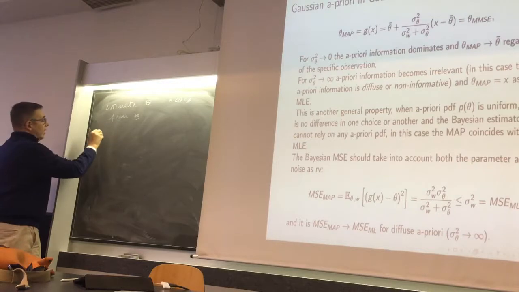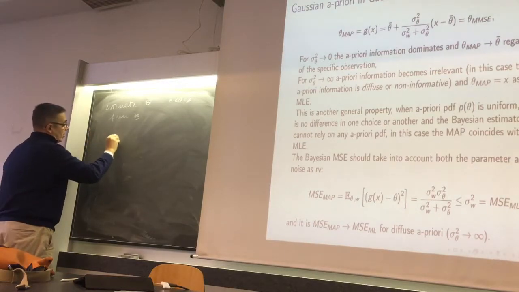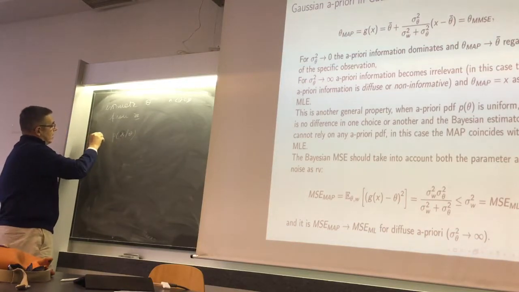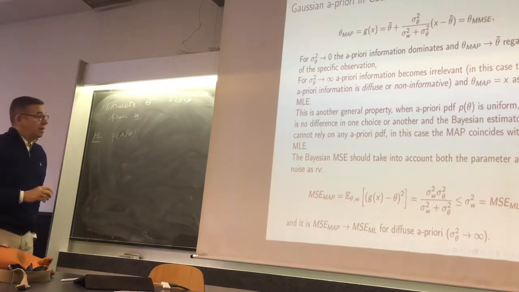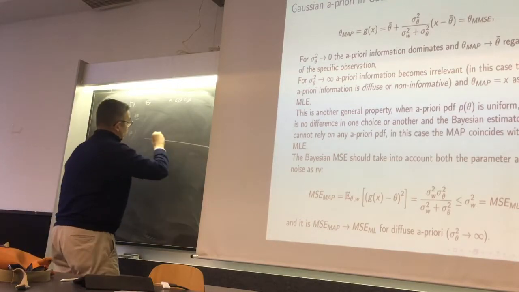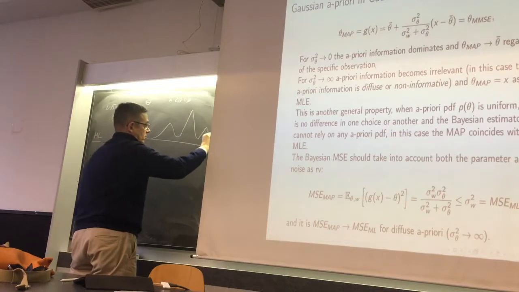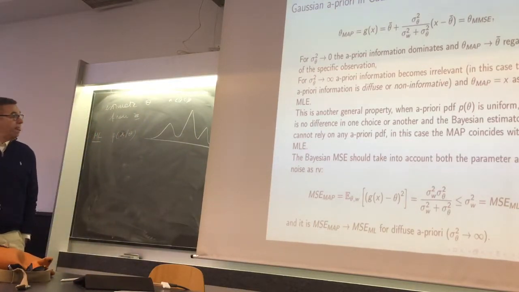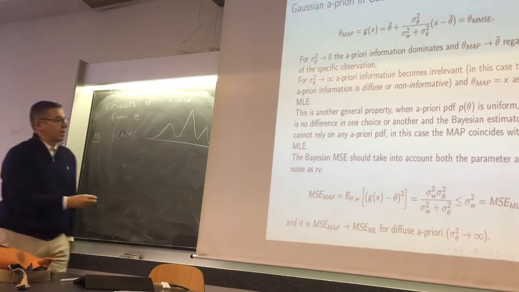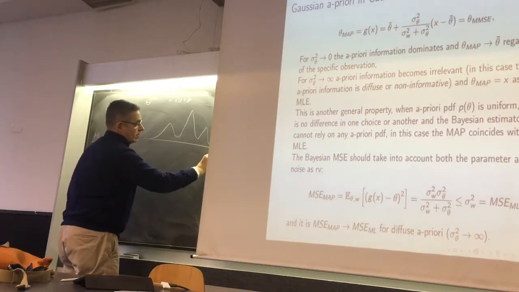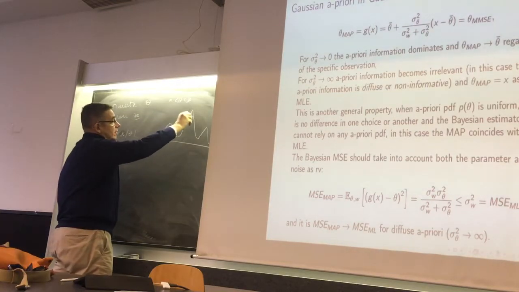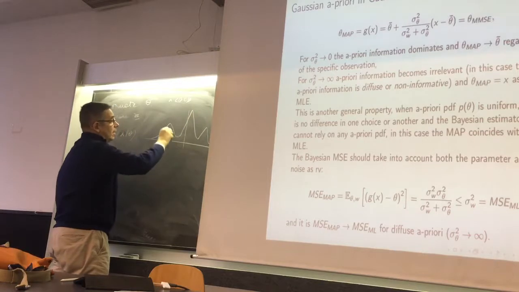Now what you do, you take the p of x given theta, which means you are making the maximum likelihood method. So your p of x given theta is sketched this way, and I'm limiting the value to be between A and B.